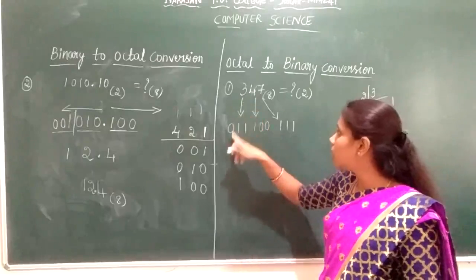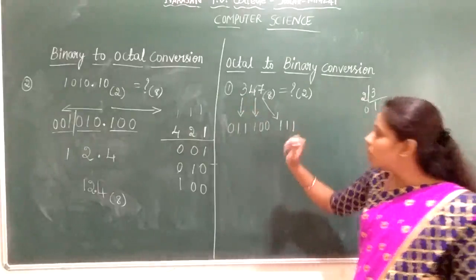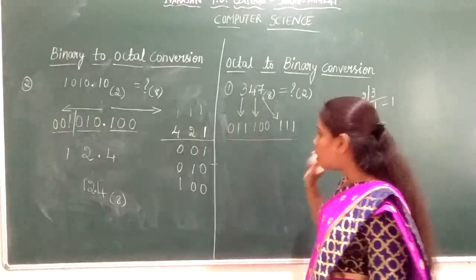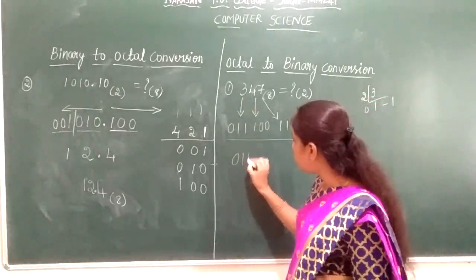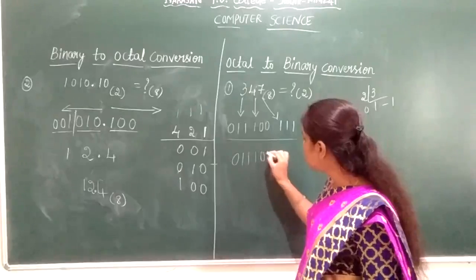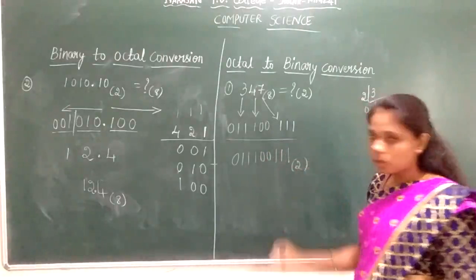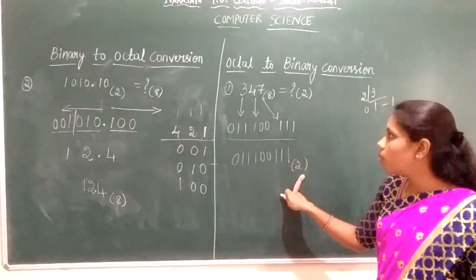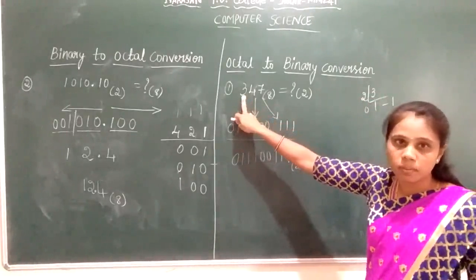Now we have taken the individual binary values for these octal digits. Now combine all these binary digits, that is 0 1 1 1 0 0 1 1 1, and mention the base as 2. Thus this is the binary equivalent value for octal value 347.